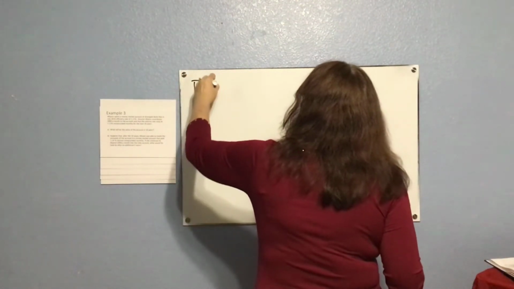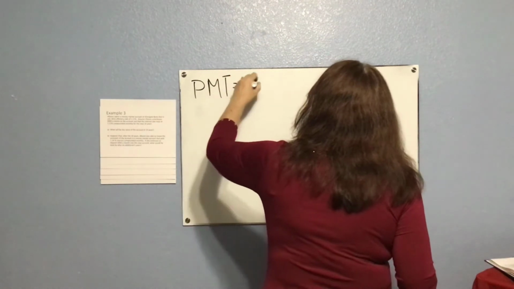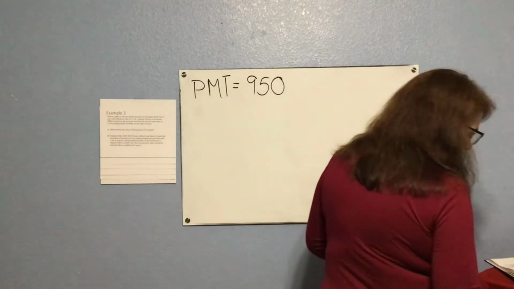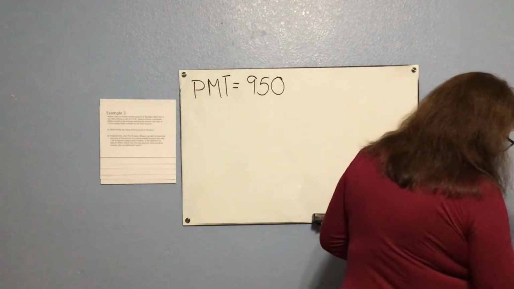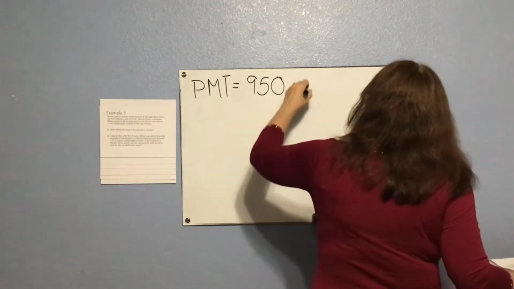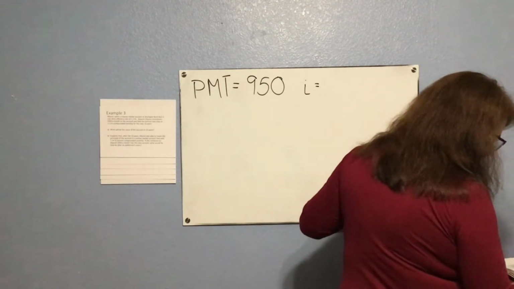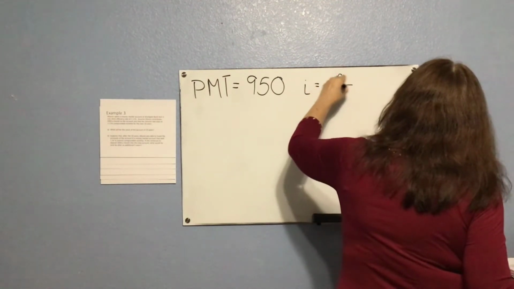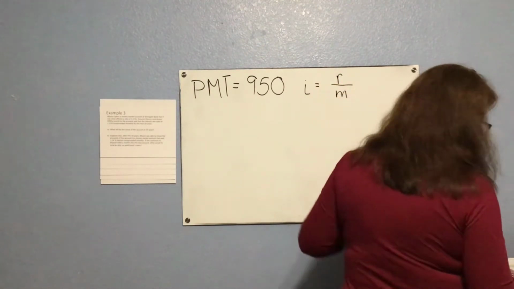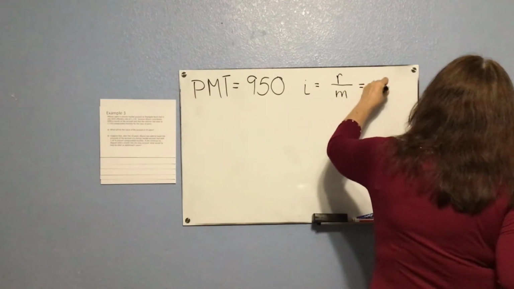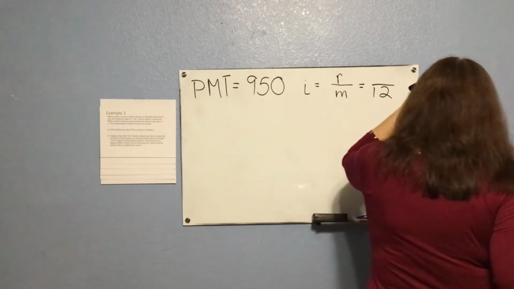So we know that PMT is $950. Okay, the interest is going to be the interest rate divided by M, which in this case would be 12 because we're compounding monthly.